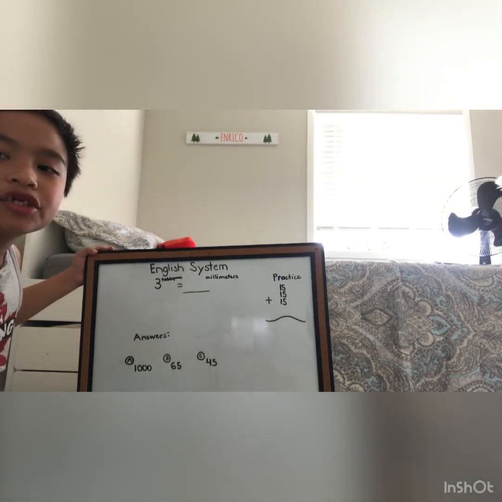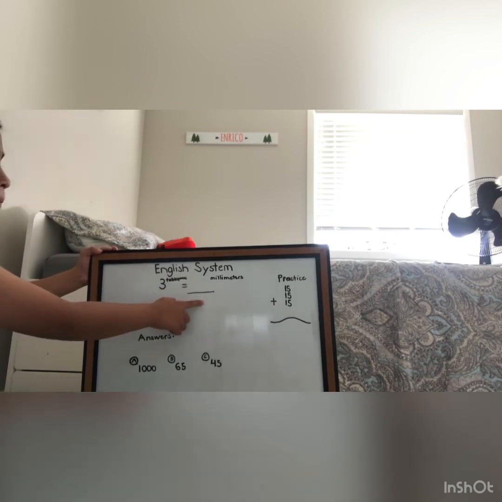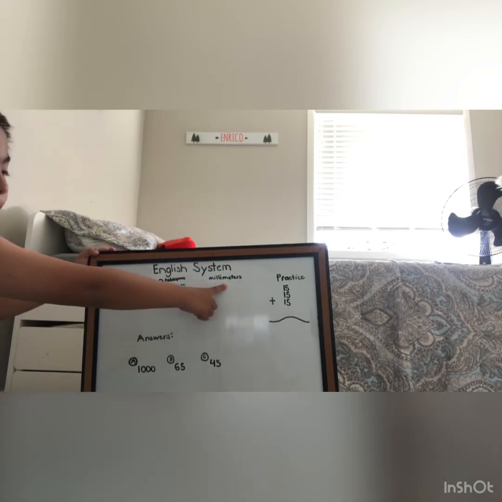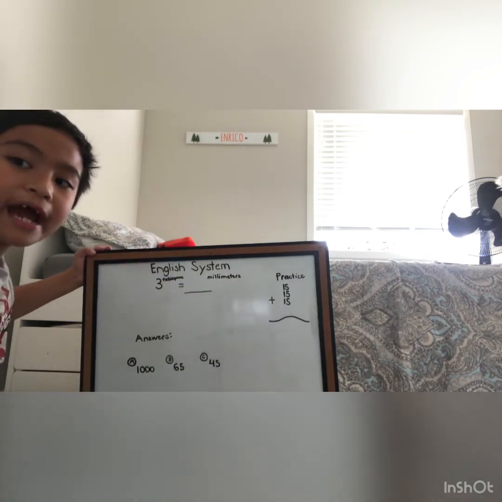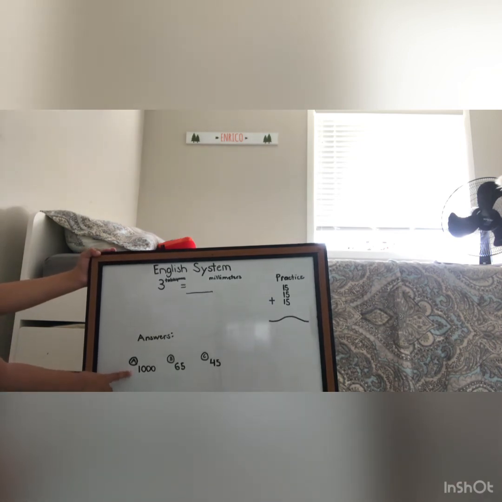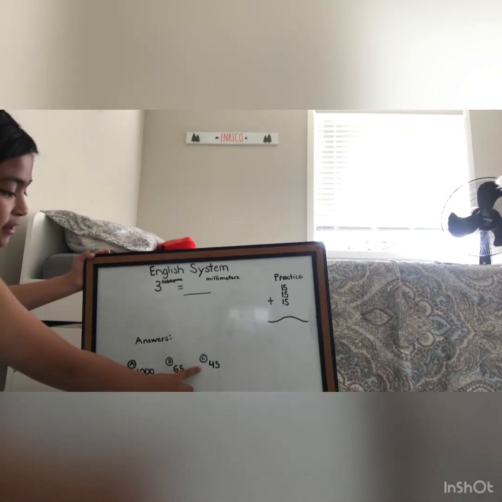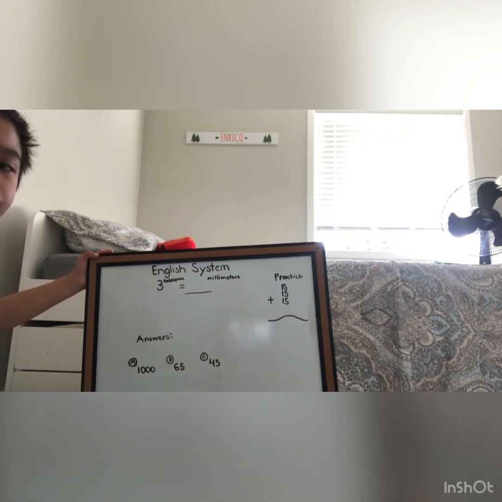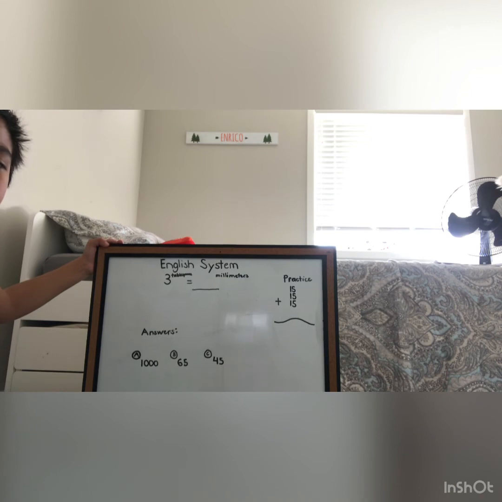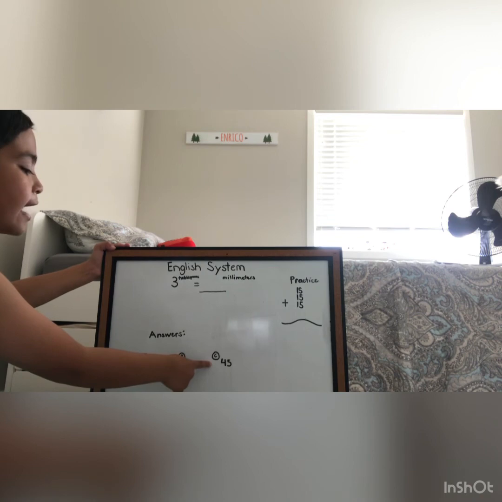Here is the question. 3 tablespoons equals something millimeters. Here is the practice if you need, but here are the answers. A, 1,000. B, 65. Or C, 45. The answer is C, 45.